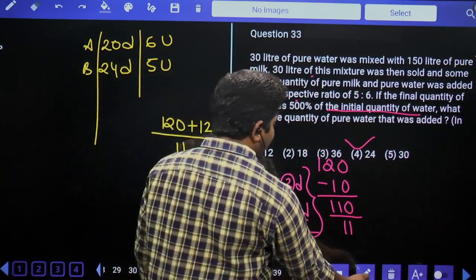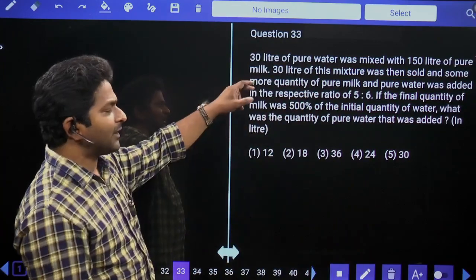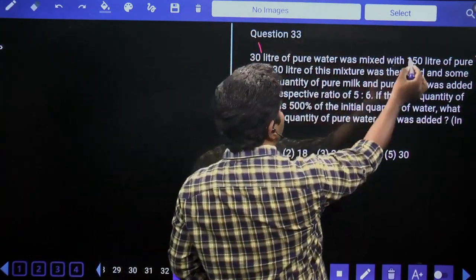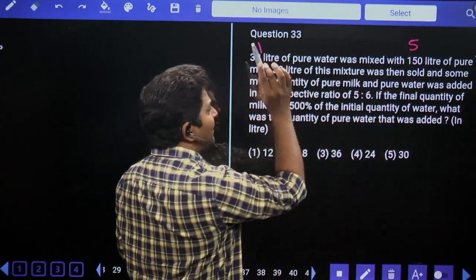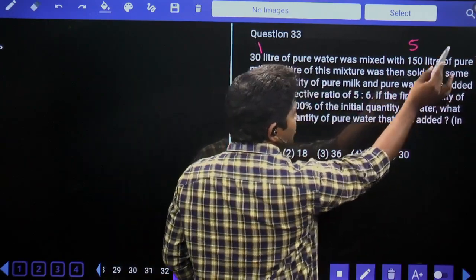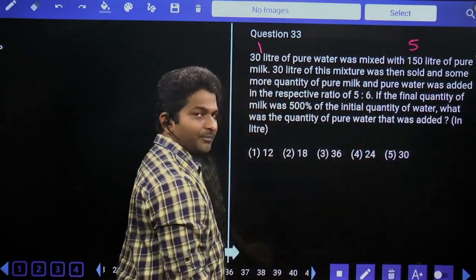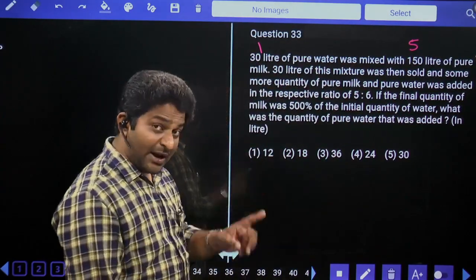Next. 30 liters of pure water was mixed with 150 liters of pure milk. So water to milk ratio is 1:5. 30 liters of this mixture was sold and some more quantity of pure milk and pure water added. Now 30 plus 150, that is 180 liters.